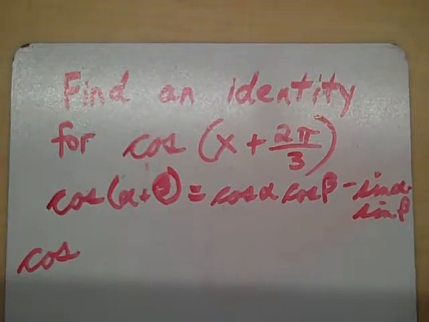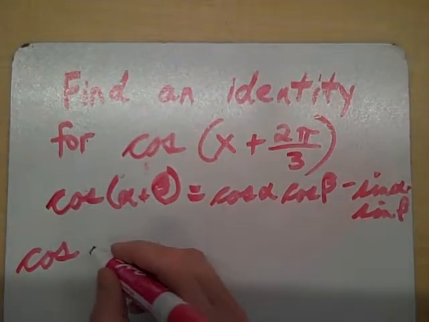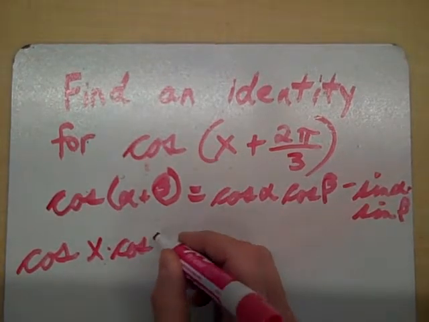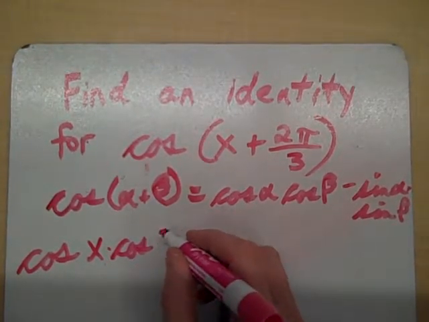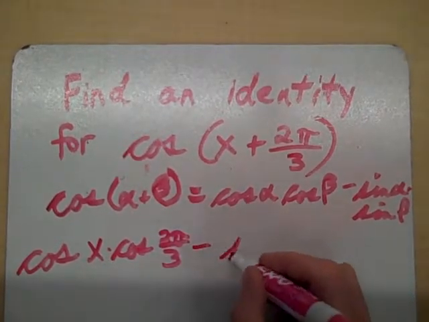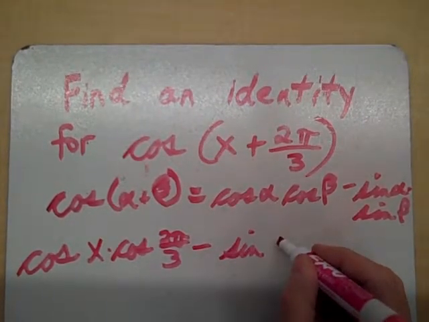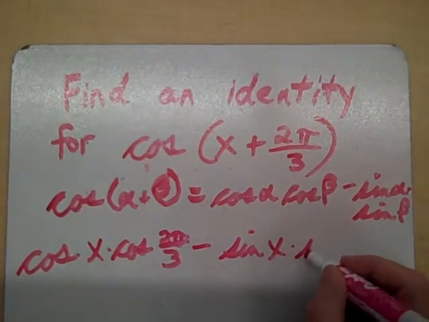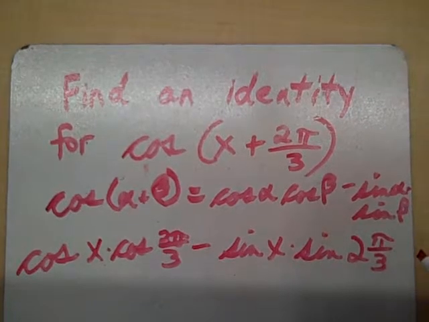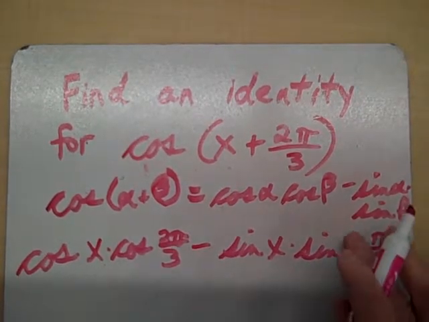Okay, I was just double checking to make sure I had the right identity. That'd be cosine x times cosine of 2 pi over 3 minus sine x times sine of 2 pi over 3.